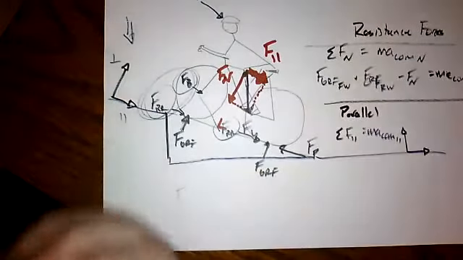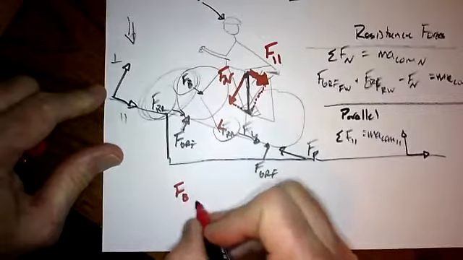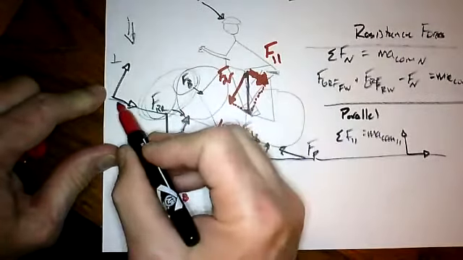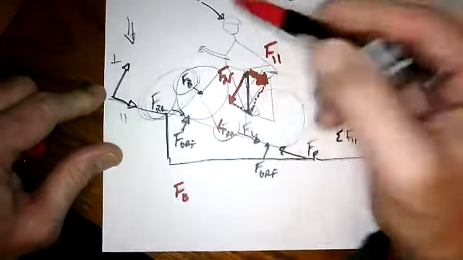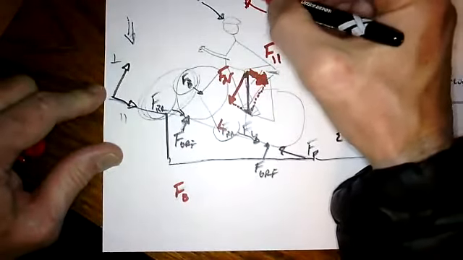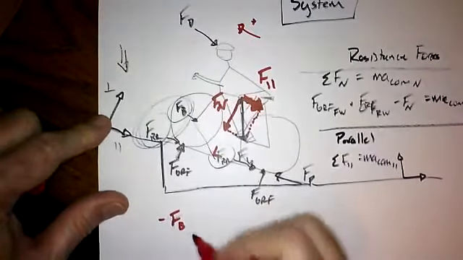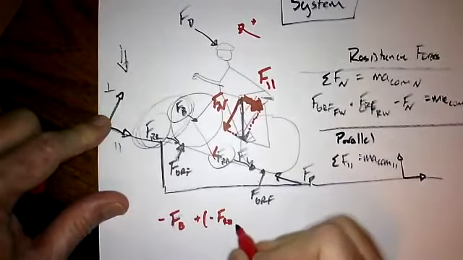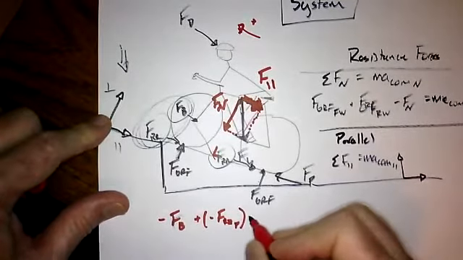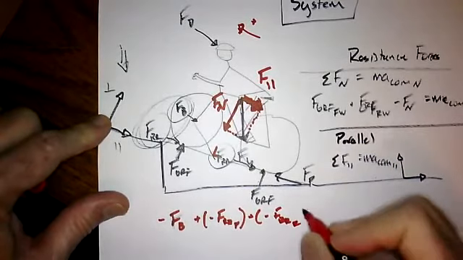My red one better be okay. F bearing. Okay, now that's going to be pointing opposite to the direction of motion. The direction of motion is going to be positive in this direction. So F bearing is negative, plus rolling resistance from the front wheel, plus rolling resistance of the rear wheel.